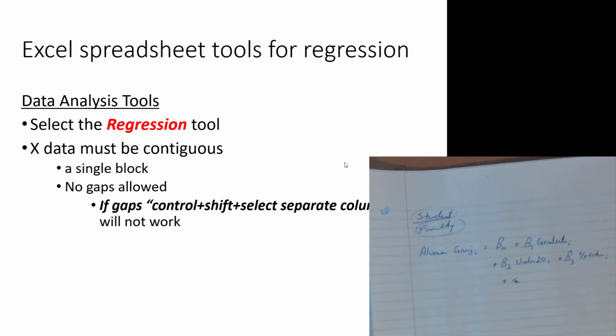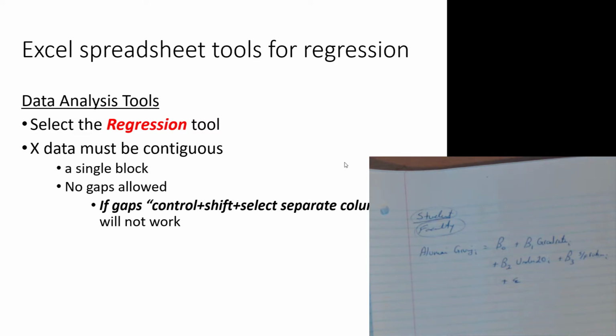When you open up Excel, you'll see the data analysis. In that set of tools, there'll be very many tools. This is where you went to find your descriptive statistics, etc., earlier on in this course, as well as in your previous stats course. And so we'll select regression. Makes sense, we're doing regression.